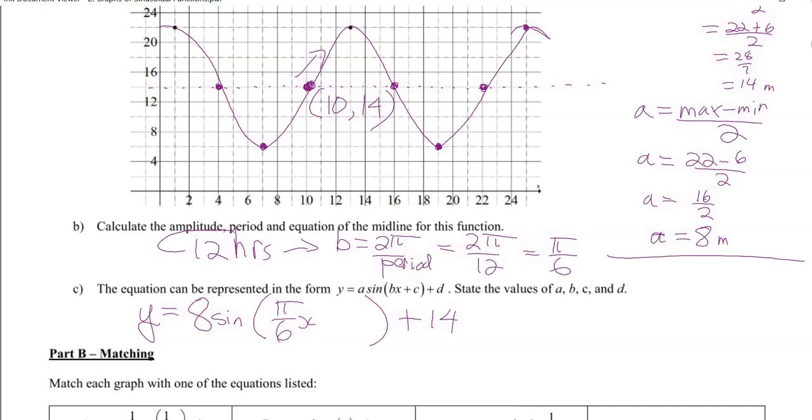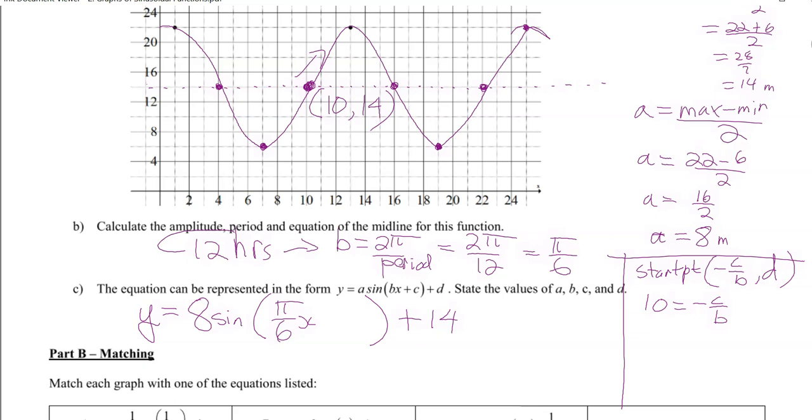All right, so how do we calculate C? We were told the start point is negative C over B, comma, D. So the 14 is D. We know that. That means that 10 must be equal to negative C over B. The x value of the start point, which is 10 from the graph, right?